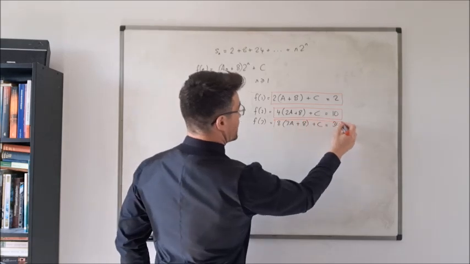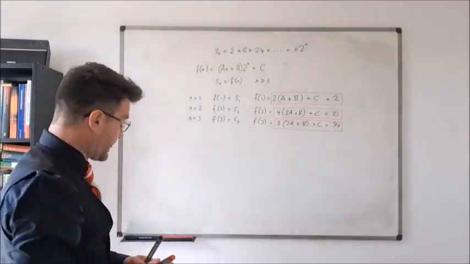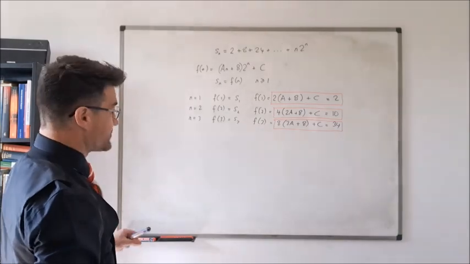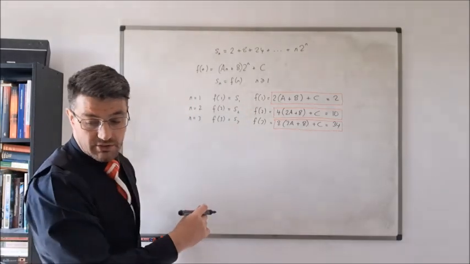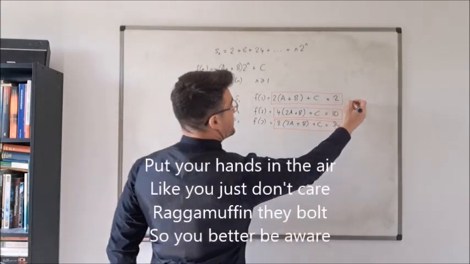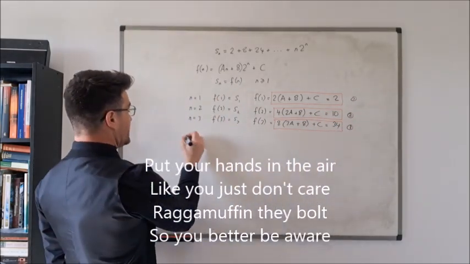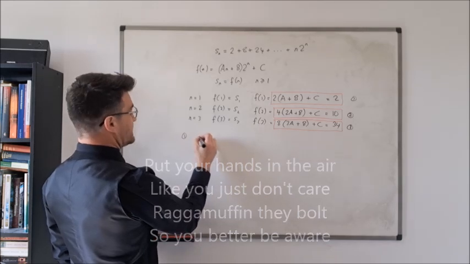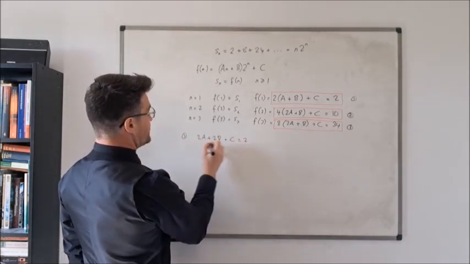So if you're comfortable with simultaneous equations, this should be fairly straightforward. We can simplify them a little bit. Call these equation 1, equation 2, equation 3. Equation 1 we can write as 2a + 2b + c = 2.